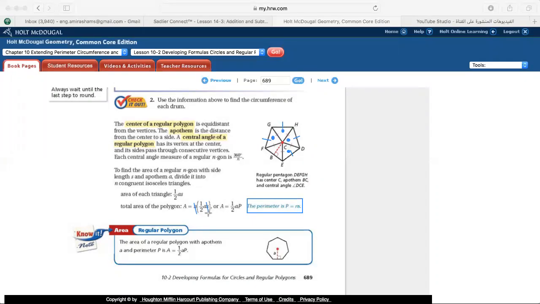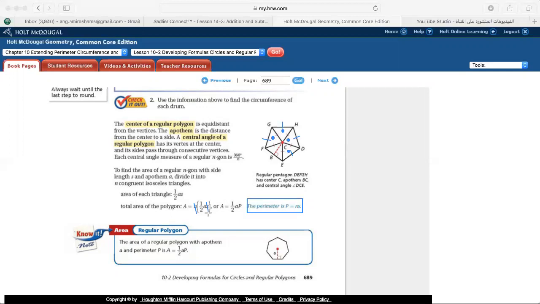Again, I will explain this part. If I get a regular polygon, which means all its sides are equal and all its angles are equal, I divide this polygon according to its sides. If the polygon has 5 sides, I'm going to divide it into 5 congruent triangles. If it has 6 sides, I'm going to divide it into 6 congruent triangles.